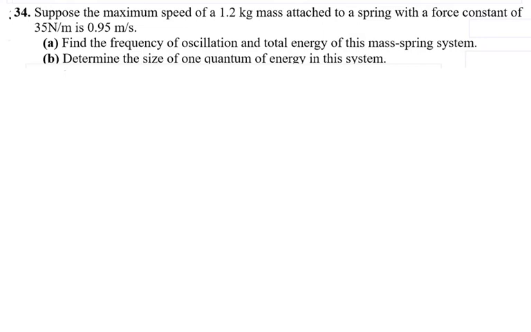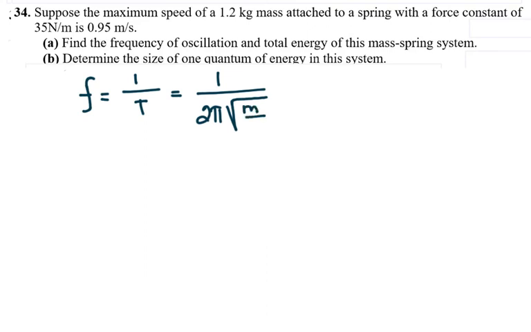So for the frequency formula for the spring, that is going to be 1 over the period, and the period for the oscillations is 2 pi times the square root of m over k.